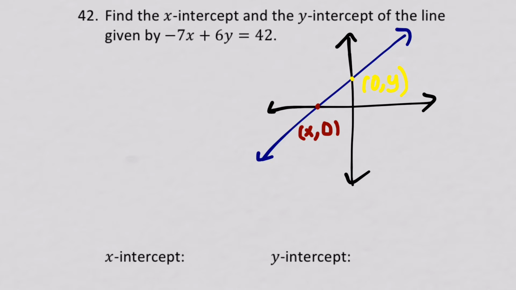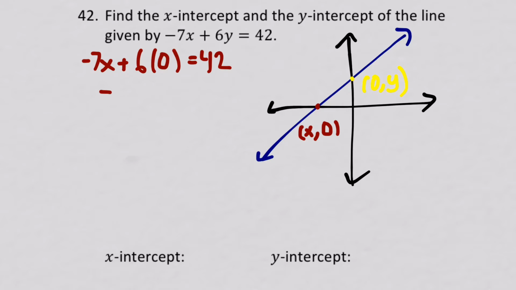For the x-intercept, I want the y value to be 0, so I'm going to substitute in 0 into the y value so I can find the x-intercept. It's going to look like this. Negative 7x plus 6y equals 42, and in place of y I am going to substitute in a 0.